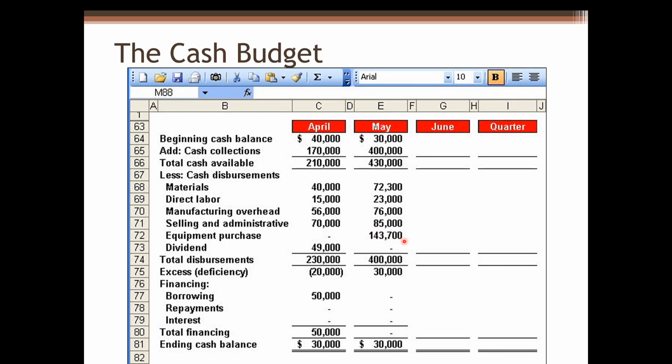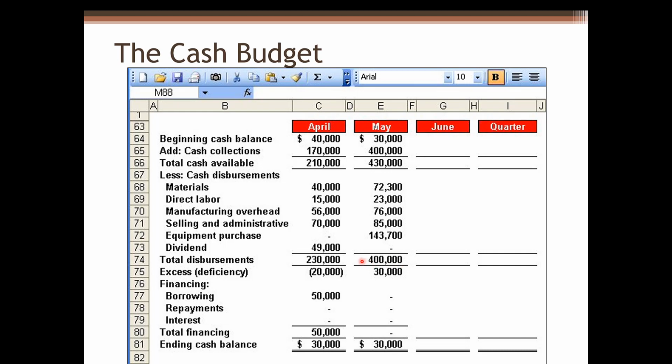Equipment purchase, $143,700 in May, paid in cash. So we put it here. No dividends paid, and we get total disbursements of $400,000.